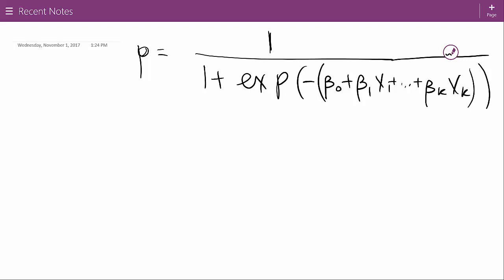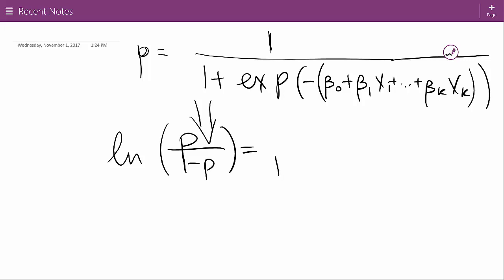And then we did some manipulation in the previous class with the expression. And this is what we ended up with. We said that this is the same thing as to say natural log of p divided by 1 minus p is equal to beta 0 plus beta 1 x1 plus beta k xk, right?